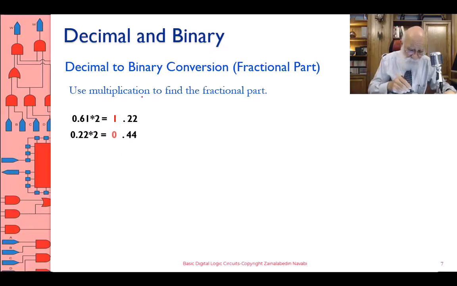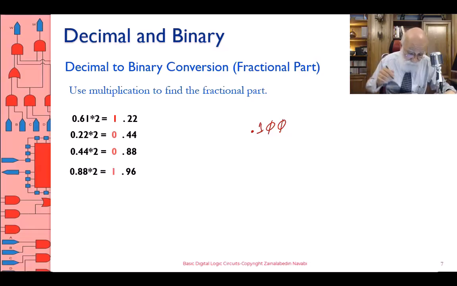So you have 1.22, take the 1, put it next to the binary point, and then use 22. Multiplied by 2, you come up with 0.44. Take the 0, continue with 44. 44 multiplied by 2, you take the 0, and then you end up with 88.